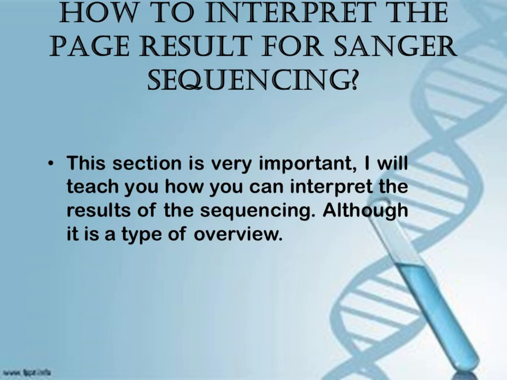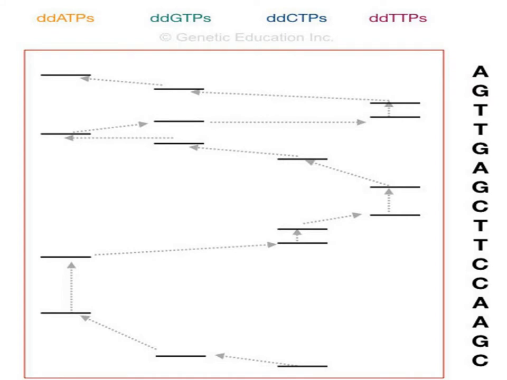Now, how to interpret the PAGE results for Sanger sequencing? See, this section is very important. I will teach you how you can interpret the results of the sequencing, although it is only an overview. First, let's have a look at the results of Sanger sequencing from PAGE.